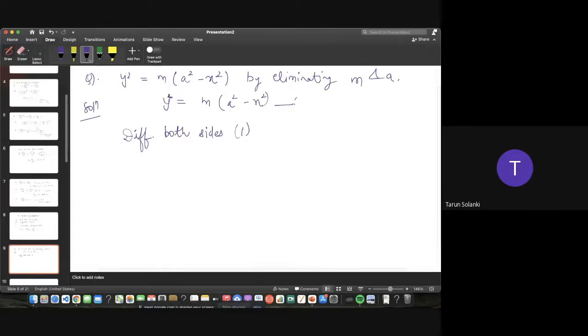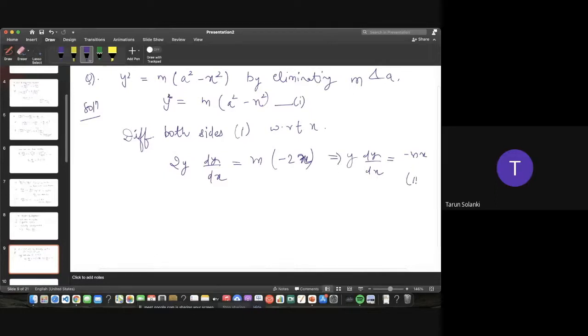This is equation one. Differentiating with respect to x, we get 2y dy/dx equals m times minus 2x. So it becomes y dy/dx equals minus mx.